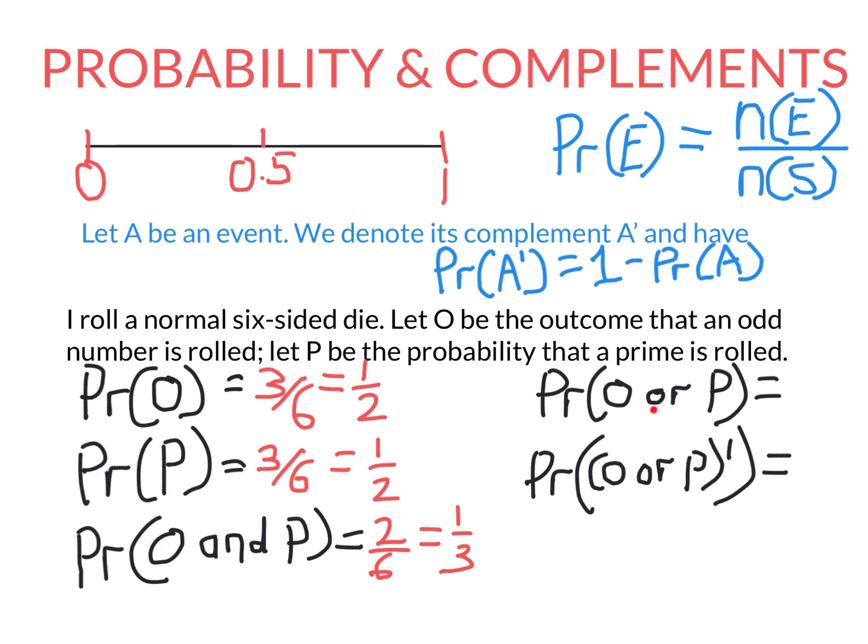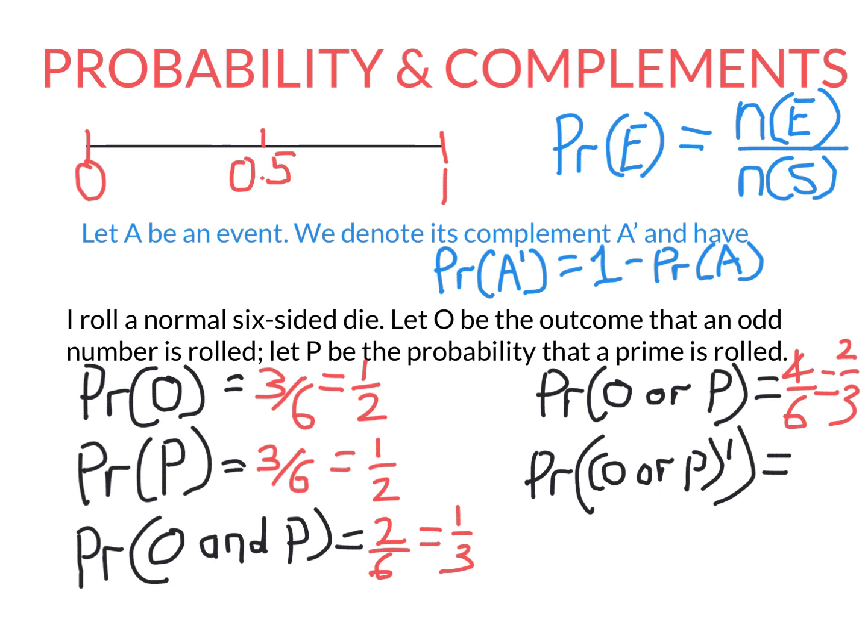So when we have or, we don't mean just one or the other. We mean the first one, the second one, or both. So how many numbers on the die are in that category? Well, we have 1 because it's odd, 2 because it's prime, 3 because it's both, 5 because it's both. There are 4 such outcomes out of 6 in total, which of course simplifies to 2 over 3.